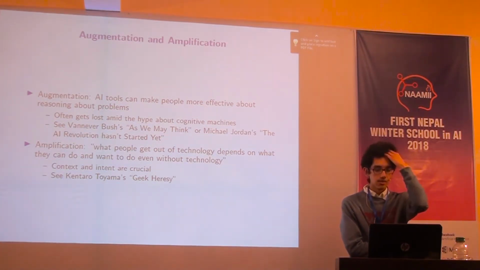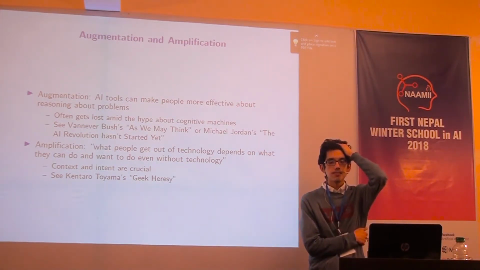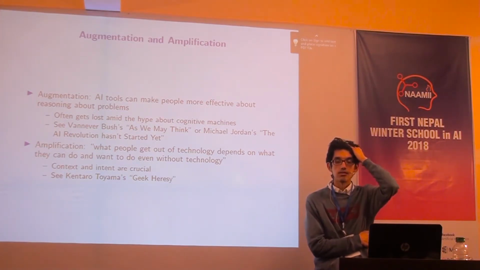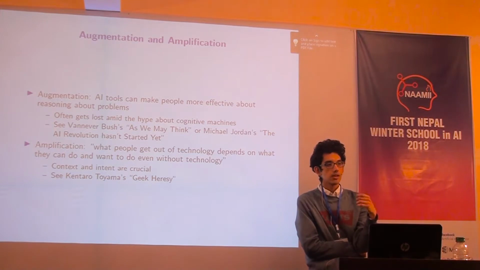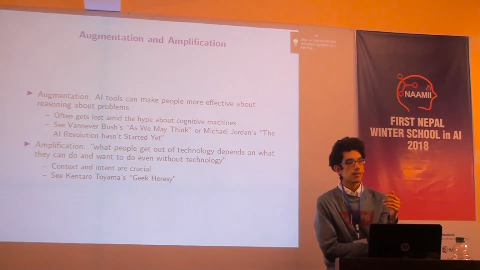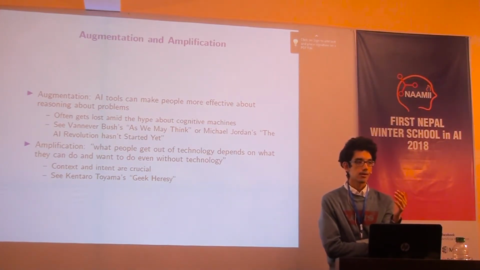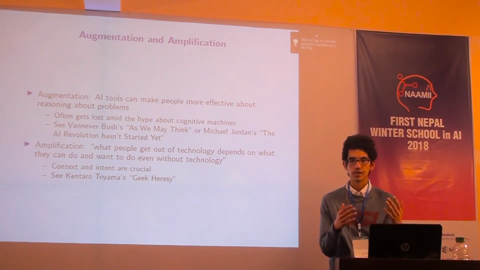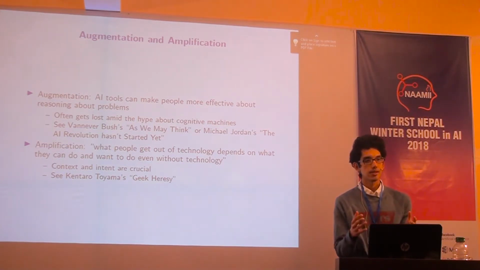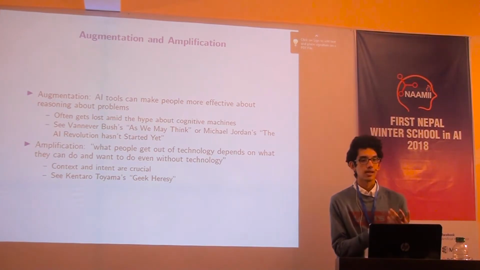For augmentation, there's this idea that the thing that makes AI so useful in reality is that it enhances existing human abilities. Even though there's all this hype about computers that can learn to reason on their own and fully automate everything, in reality most AI systems are being used to just make my life a little bit easier.